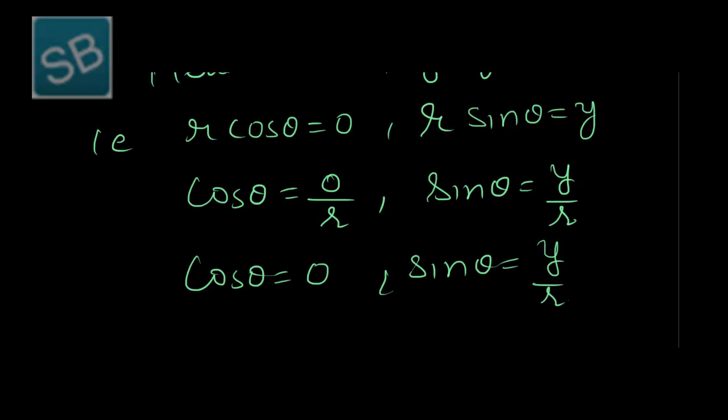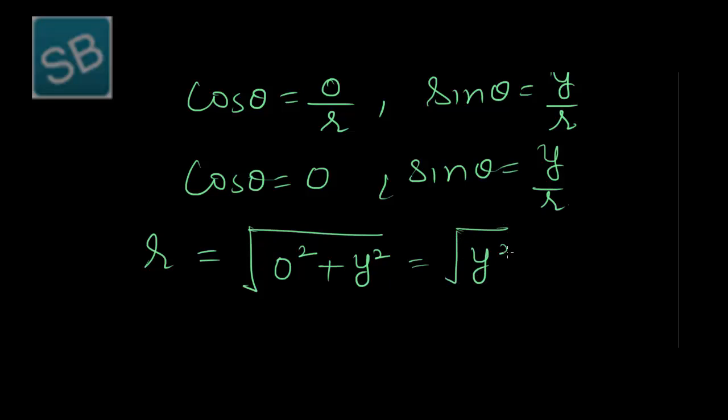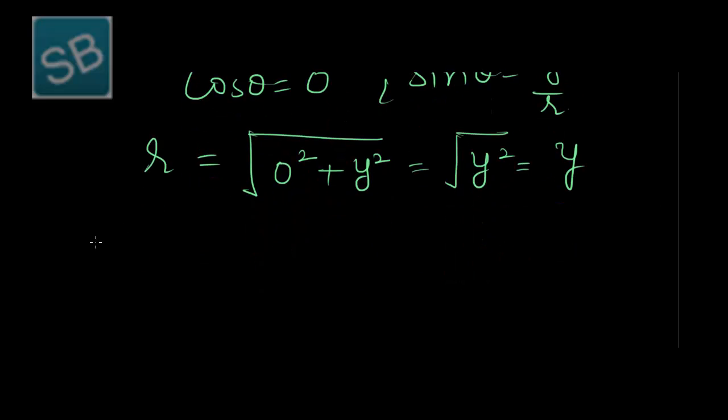So what is r? r is the modulus value, that is under root 0 square plus y square, that is under root y square. We can straightaway write it as y, as r is always positive. So in this case we will discuss when y is greater than 0.